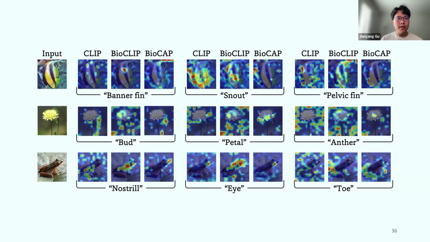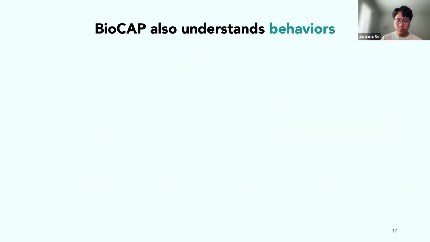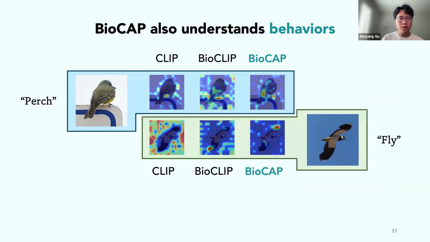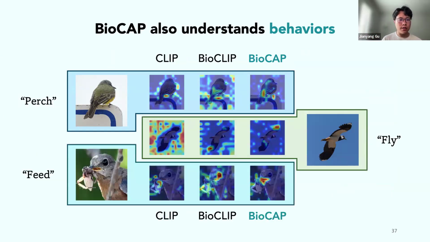And further, it even understands behaviors. Like perch, when we try to use this model to explain perch, BioCap will highlight the foot. And when we try to explain fly, it will highlight the wing. And when we try to explain feed, it will highlight the beak.